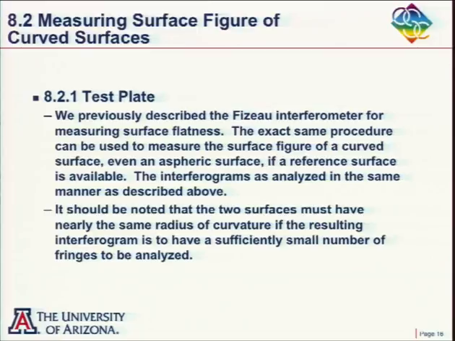And so that's kind of one drawback. You do have to have all these different test plates at different radius of curvatures. And then the other drawback, when you think about the classical Fizeau and test plate, you're putting the 2 surfaces right next to each other, and it's very easy then to, I mean, you would never do it, but some of your friends might scratch one of the surfaces.